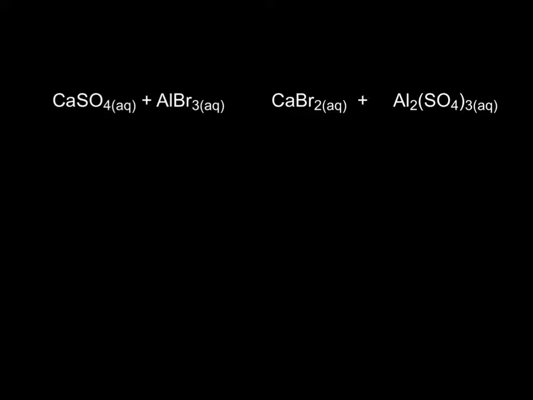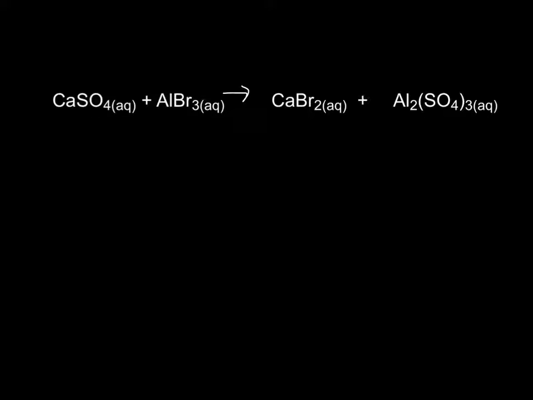All right, let's take a look at a third example here. Here we've got calcium sulfate reacting with aluminum bromide to produce calcium bromide and aluminum sulfate. If we start counting, we have 1 calcium on the reactant side, 1 calcium on the product side, 1 sulfate on the reactant side, but 3 sulfates on the product side.